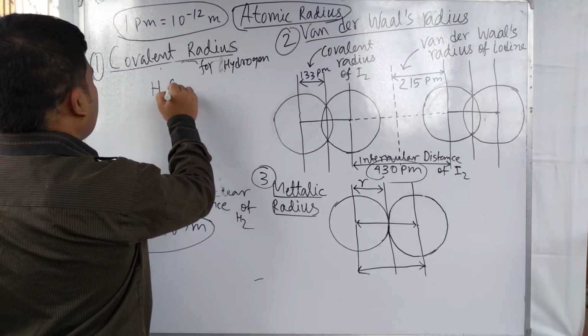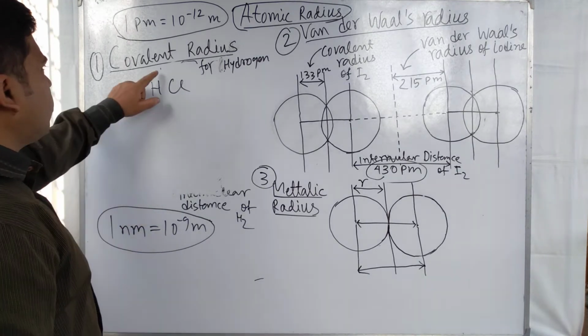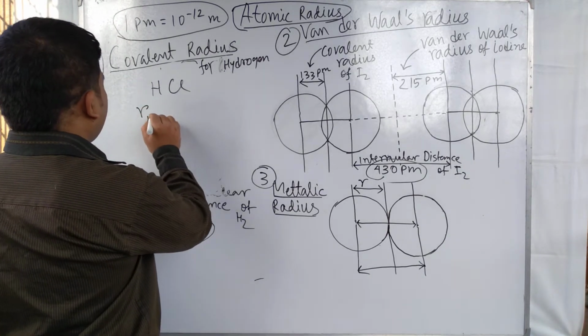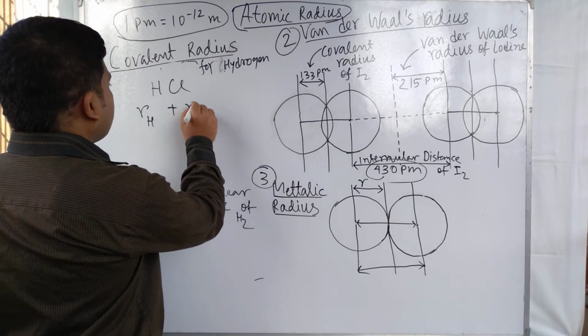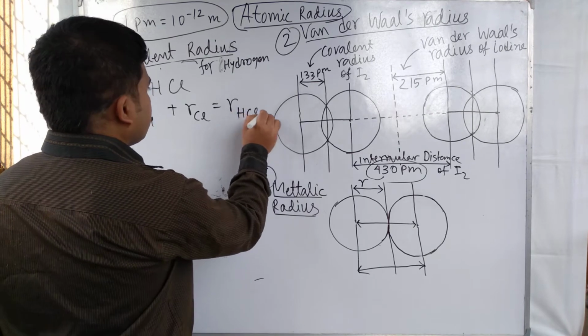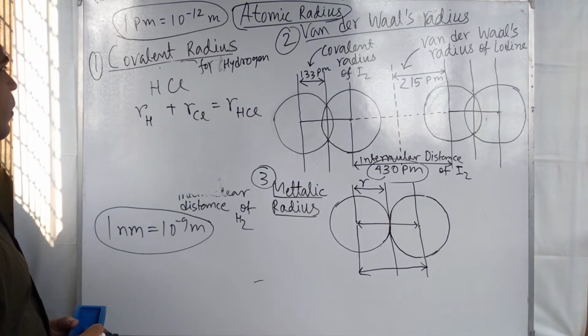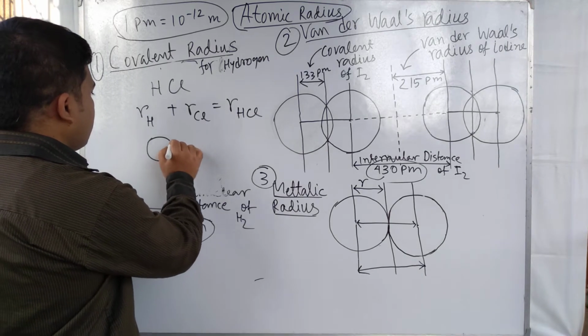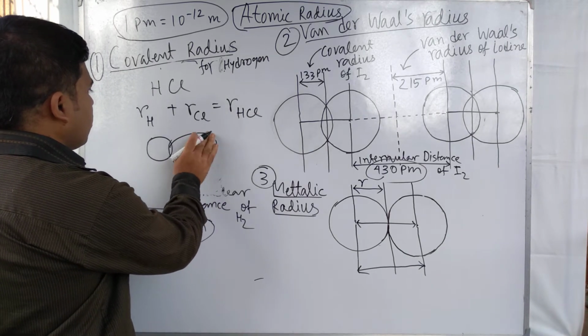Suppose for HCl you can calculate the covalent radius. In this case the covalent radius of H plus the covalent radius of Cl equals the internuclear distance of HCl. Suppose this one is hydrogen and this one is chlorine.